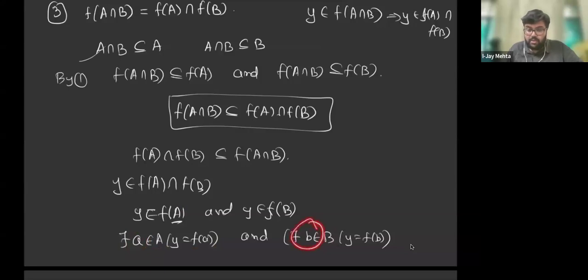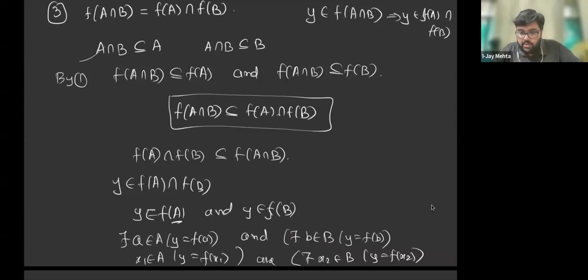So either use x1 in A such that y equals f of x1, and there exists x2 in B such that y equals f of x2. Okay, how many of you understand this? Now what do we do?